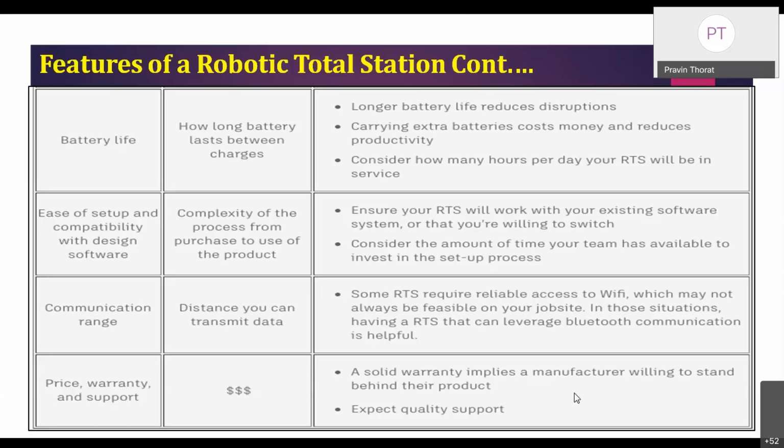So these are the complexity of the process from purchase to use. Consider the amount of time your team has available to invest in the setup, positions, or whether it will match with any types of extracting, map making or calculations.